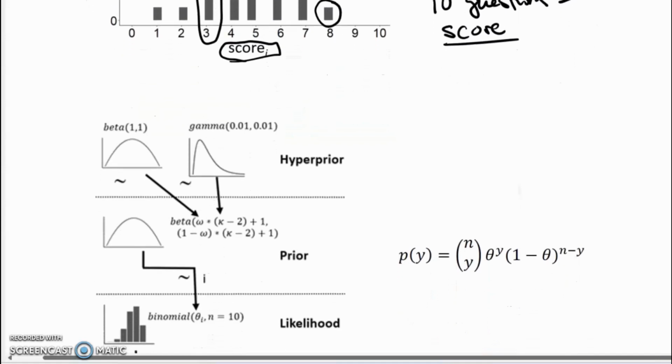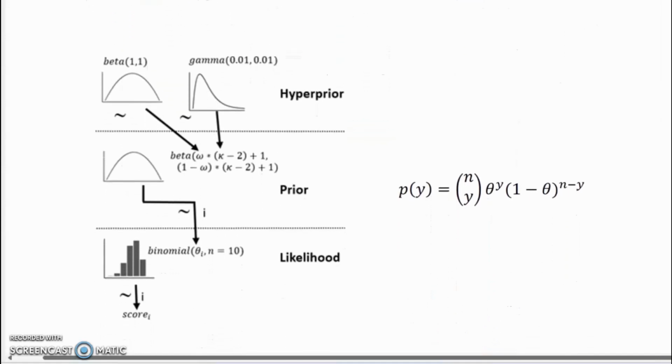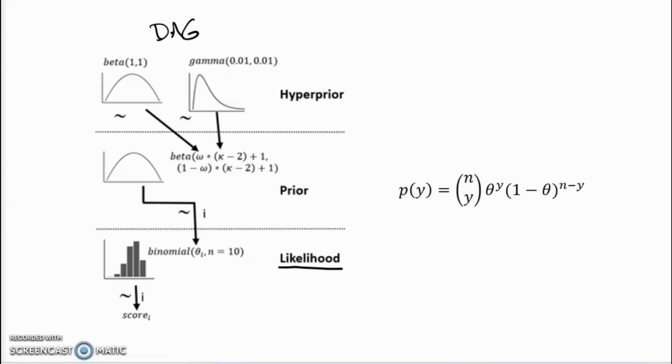And so we're going to now analyze those data using runjags. So here's our directed acyclic graph. And we'll start at the bottom, as usual, with the likelihood function. And the two notions of the likelihood function is that first, it reflects the process that gave rise to the data.